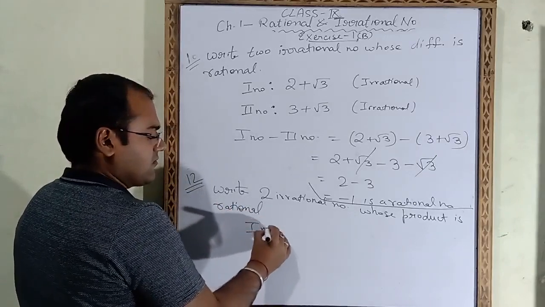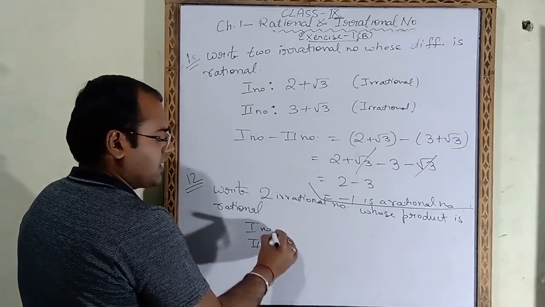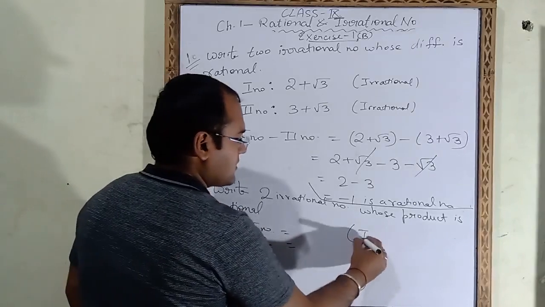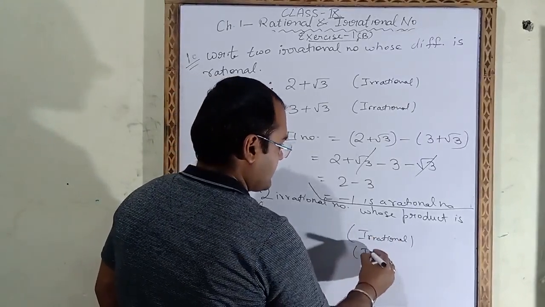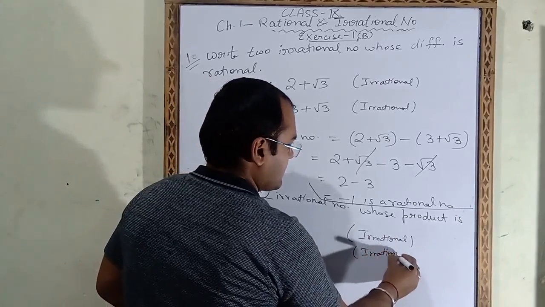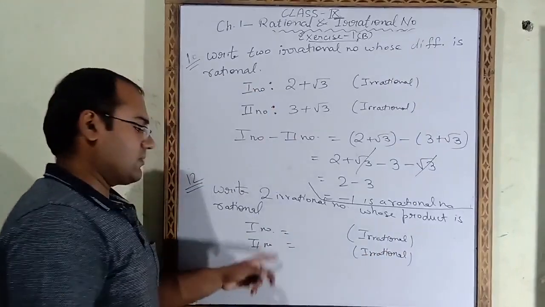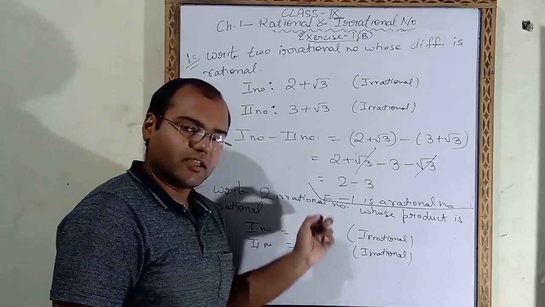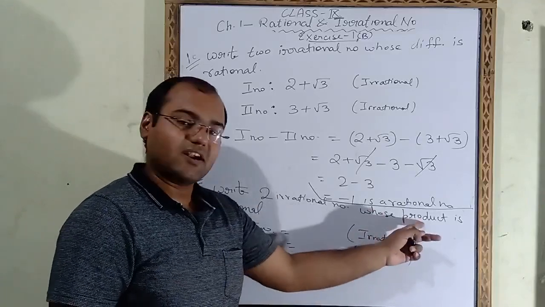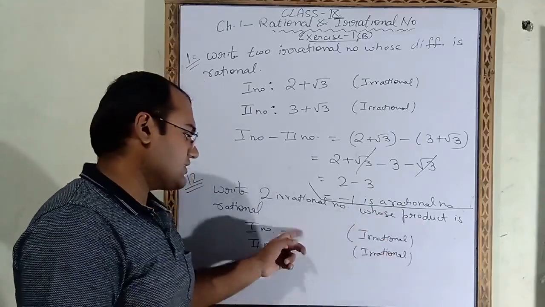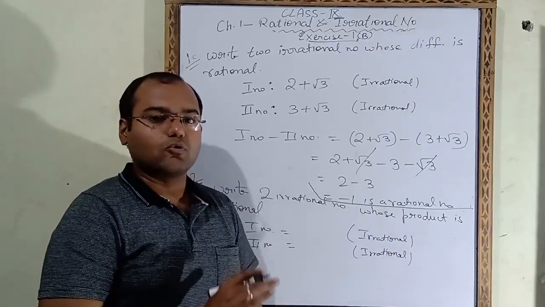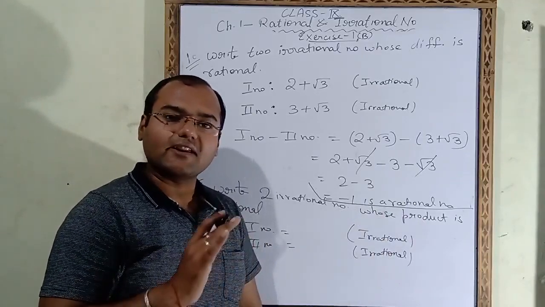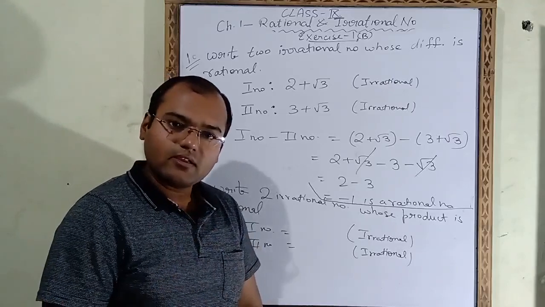So we have to take two numbers and both the numbers should be irrational, but product means multiply. On multiplying these two numbers, the answer should be rational. Rational means root 3, root 2, root 5, any irrational number should not be there in the answer.